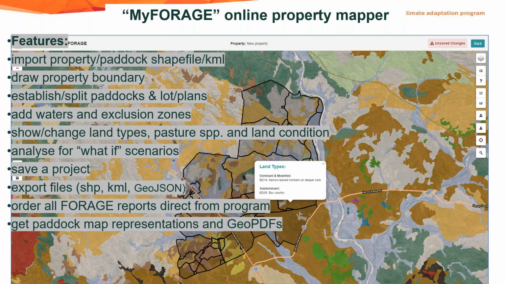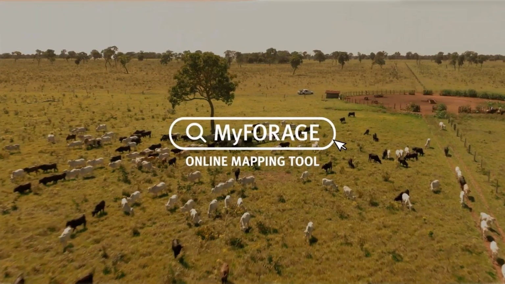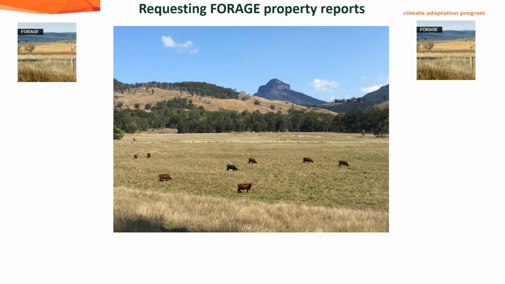You'll also get a GeoPDF that will relate those paddocks for those attributes. And if you want to watch the video and view the guides, that's the front page of the screen there of the video.